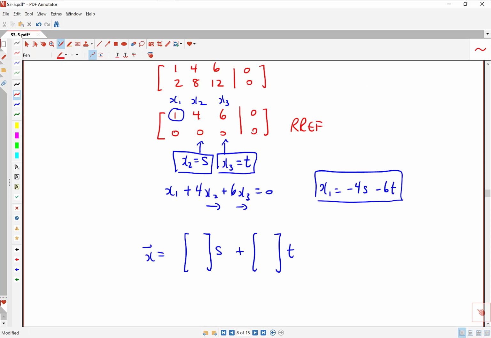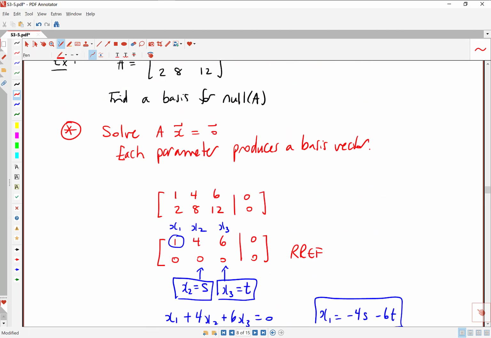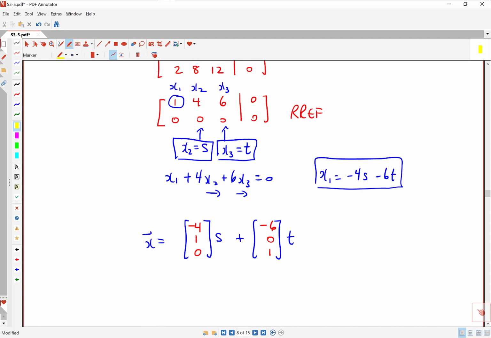x1 is -4 times s, -6 times t. x2 is s, so that's 1 times s plus 0 times t, and x3 is t, so 0 times s plus 1 times t. Okay, now our instructions at the top of the problem said if you're trying to find a basis for a null space of A, solve your system, and then each parameter produces a basis vector.